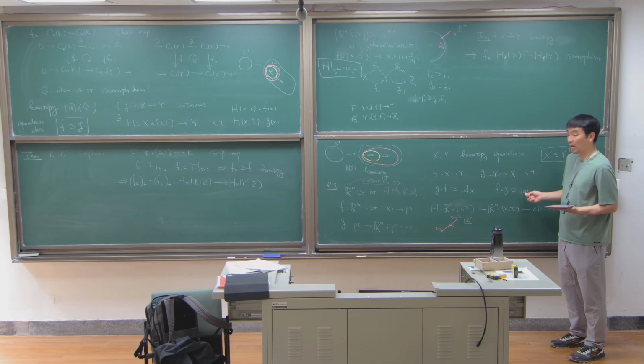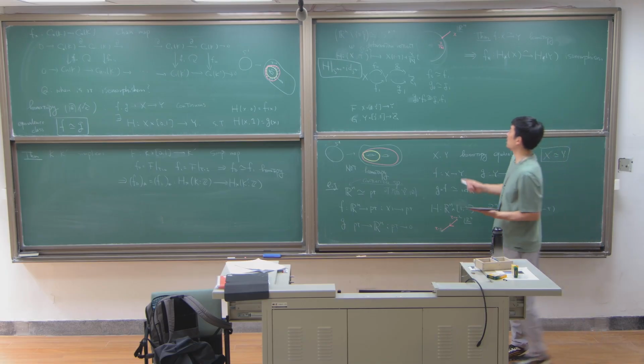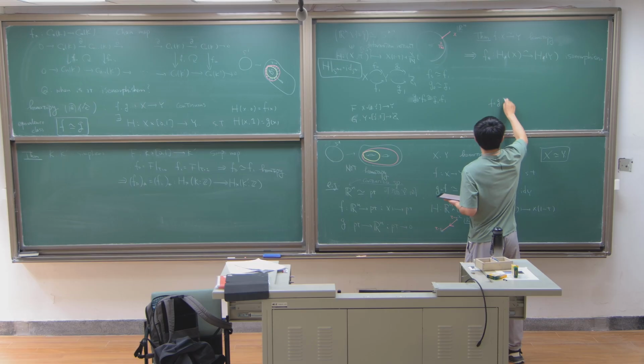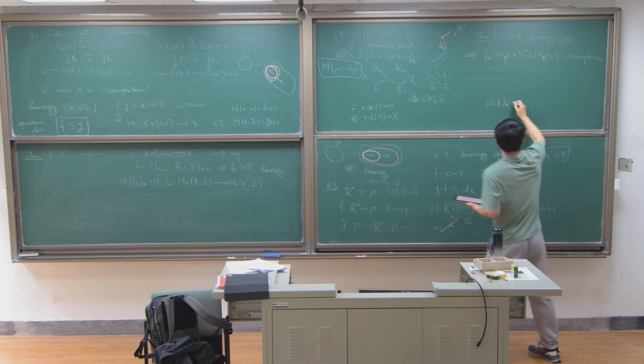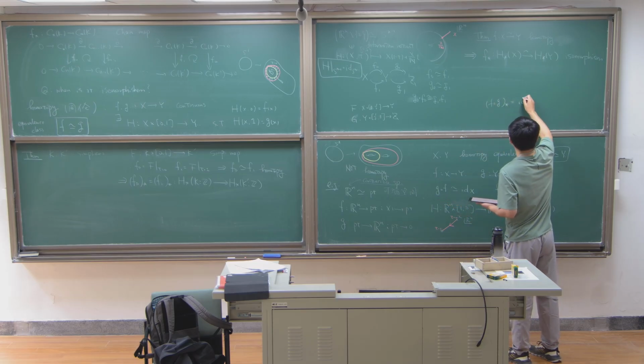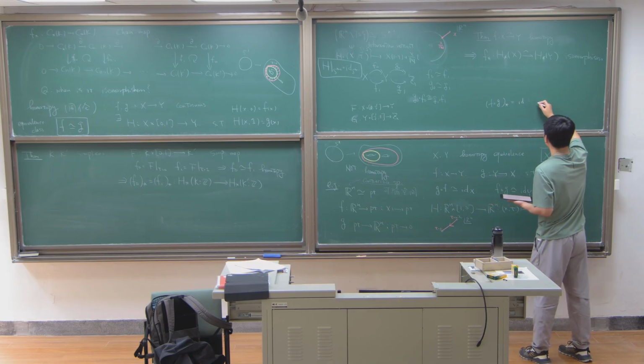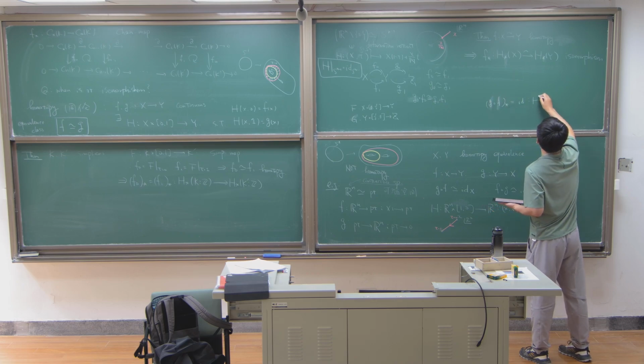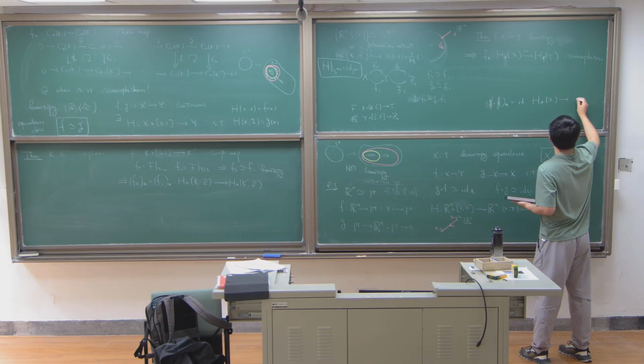F dot g is the identity of Y. So this means that f dot g star is the identity on the homology group.